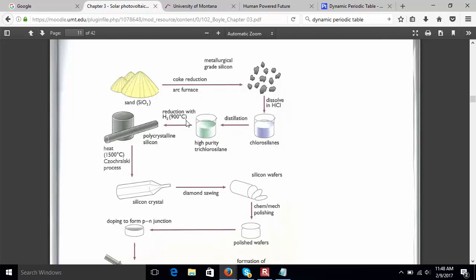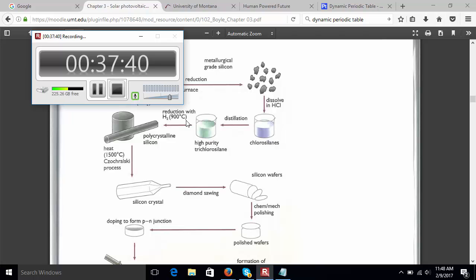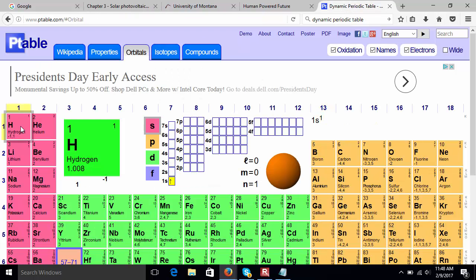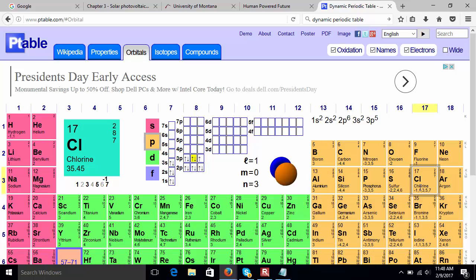Reduction with hydrogen. Now we're at 900 C. The H2, the H comes in. Here's hydrogen coming in. So it's just got that one electron sitting out there. Here's chlorine. So that one little electron sneaks right in there.